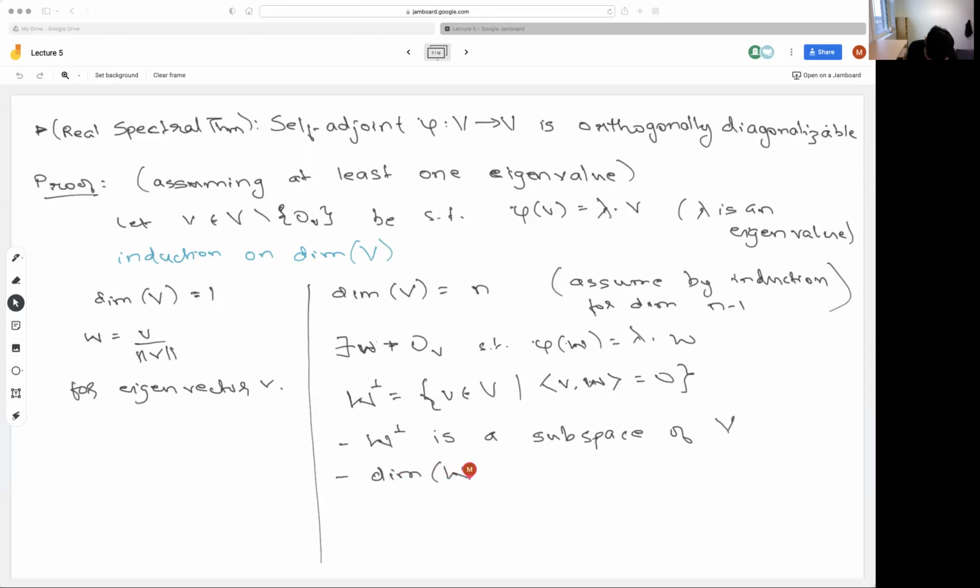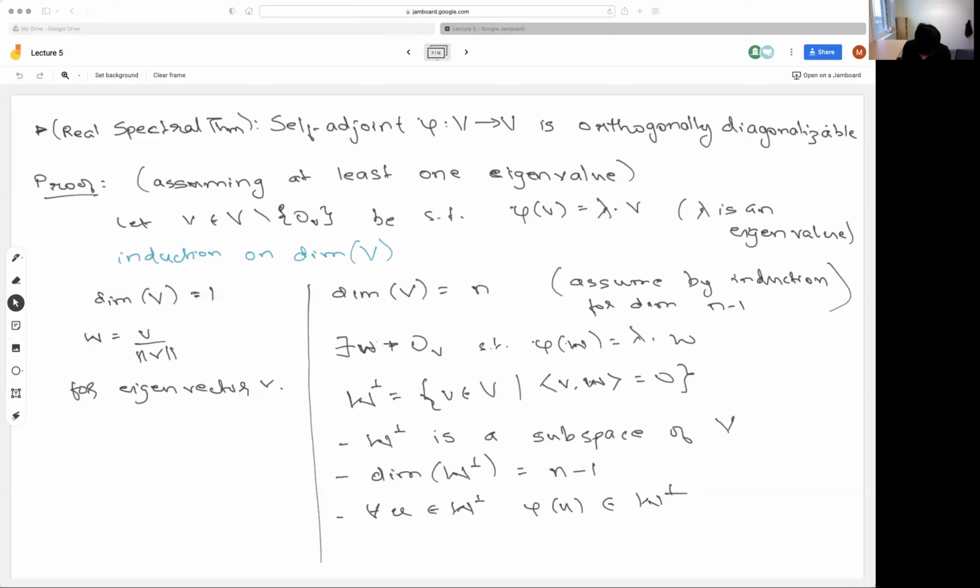The dimension of W perp, I claim, I mean, we'll see these statements if we need proof, is n minus 1. And for every vector U which lives in W perp, phi of U also lives in W perp.